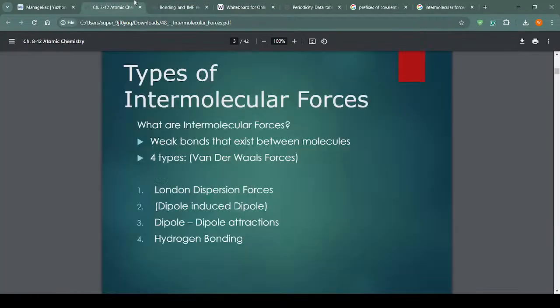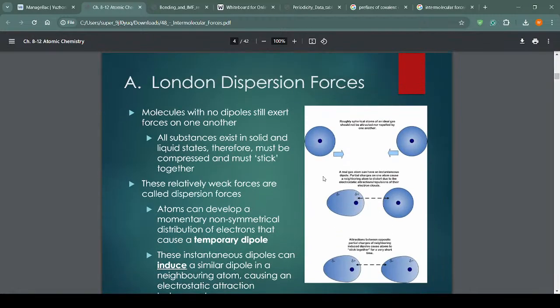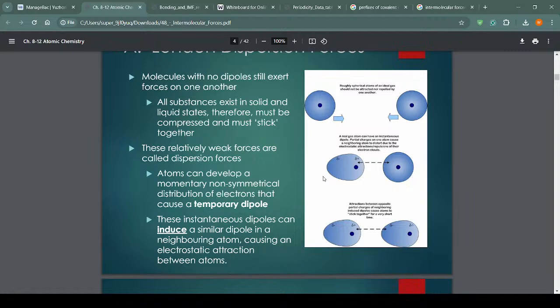So there's London dispersion, dipole induced dipole, and hydrogen bond. London dispersion is just kind of when they shake around and then they form an accidental dipole. Yeah, so really weak.